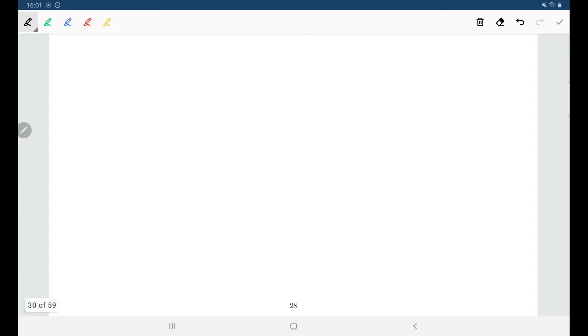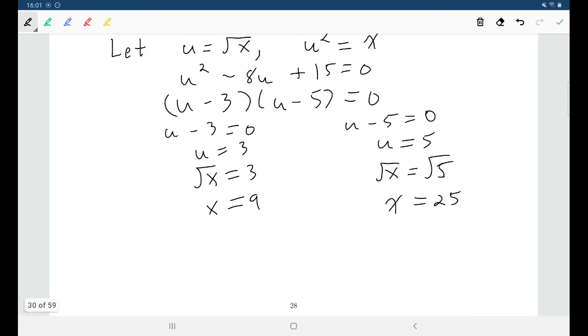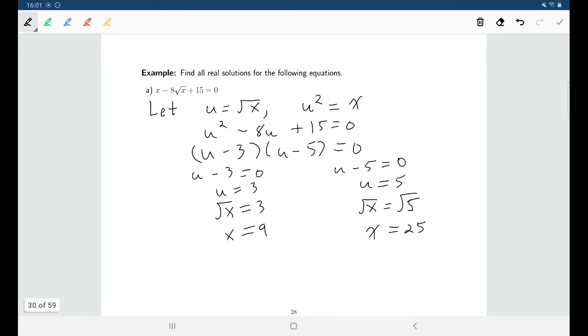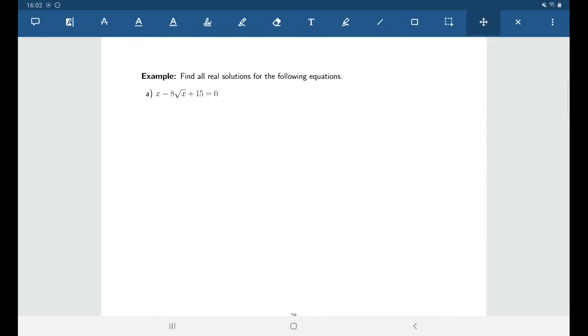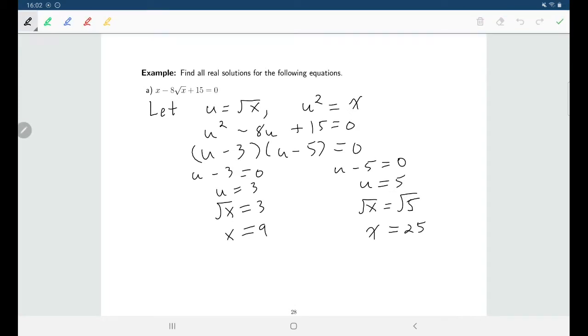And if we want to, we can go back and check our solutions and see that, yes, if you were to put 9 or 25 into this equation, it would make left side and right side equal to each other. So, for example, if you were to put in 9, you would have 9 minus 8 times the square root of 9, so 9 minus 8 times 3 plus 15.